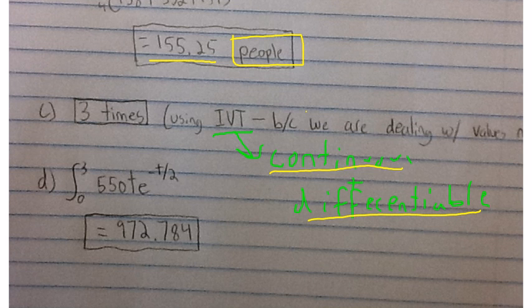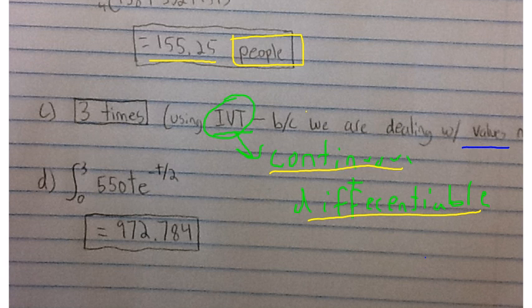But since we know it is, we can use it, and we use this instead of the mean value theorem or something else, because we're dealing with values, not slopes. Using that, you'll find 3 times pretty easily. The hard part of that question is not actually finding how many times L prime of t must equal 0, but figuring out what method to use. And again, that's the intermediate value theorem.